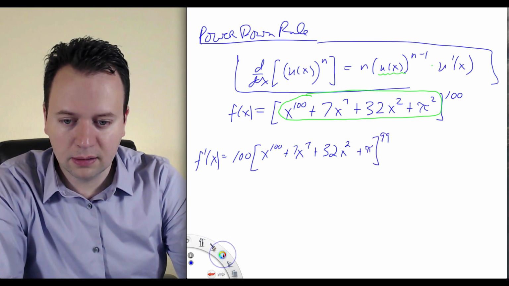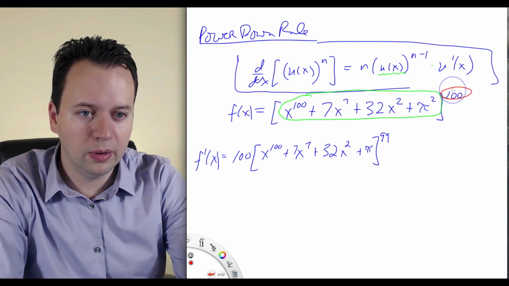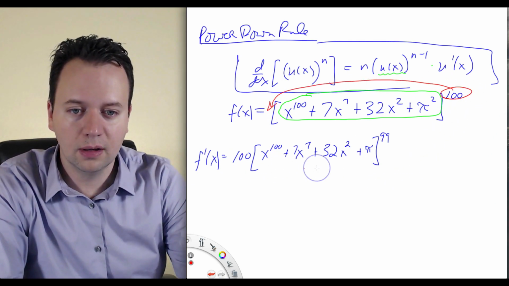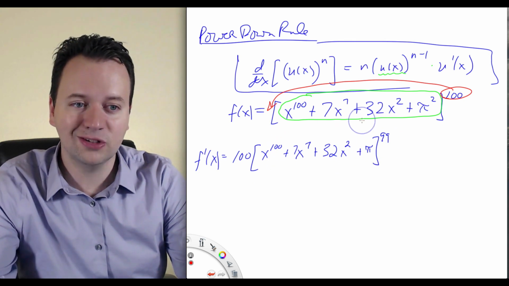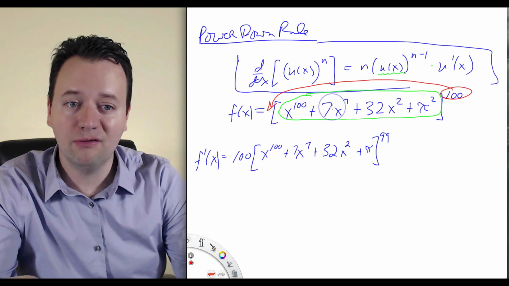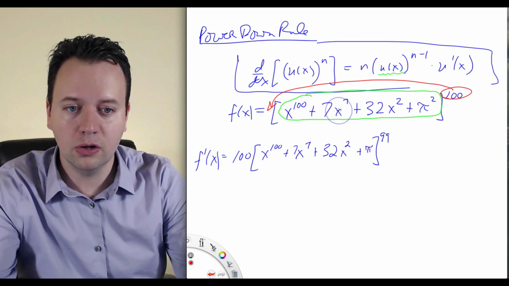So you just power down the 100. The 100 comes out front, and then we drop 100 down to 99. Just like with x to the 100th, it's 100x to the 99th. Here we have u to the 100th, so it's 100 u to the 99.